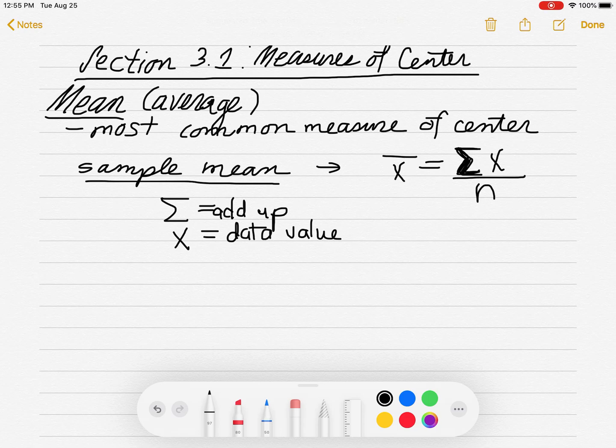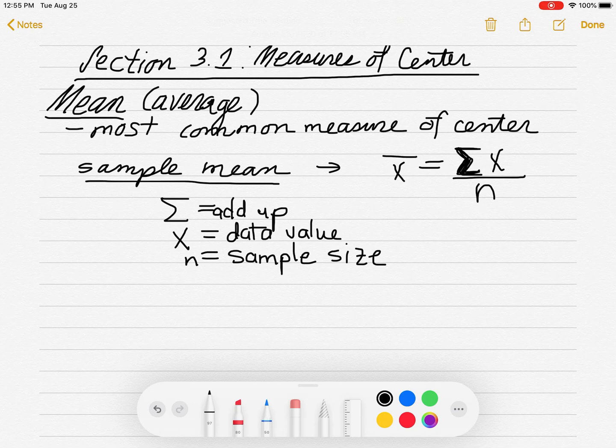So sigma X means add up the X's and then divide by N. N is the sample size, so that would be the number of data values that you have collected. All right, so there's a formula for mean. Let's see if we can do an example.